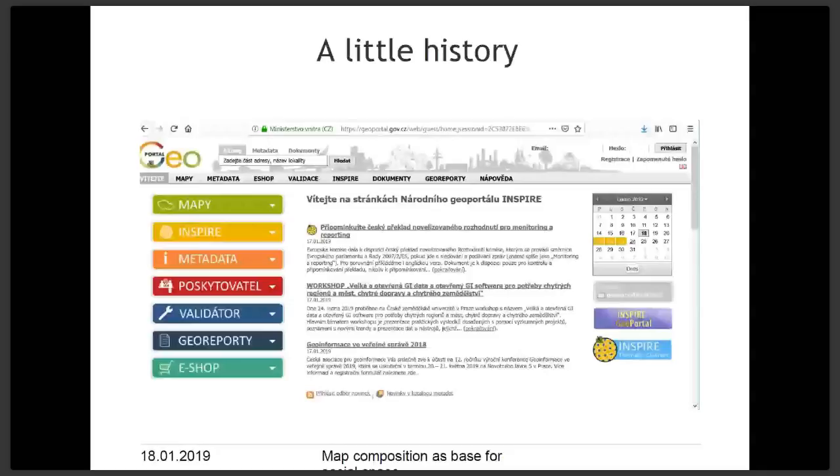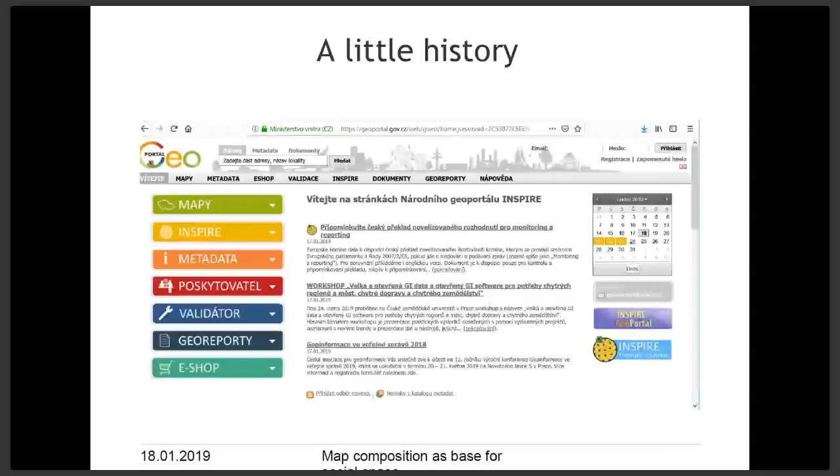At that time we had some specification for INSPIRE about which services could be used and how, but this is really for the expert. And we started to think that normal people don't want to use services, don't want to know about OGC, but they need to have maps.